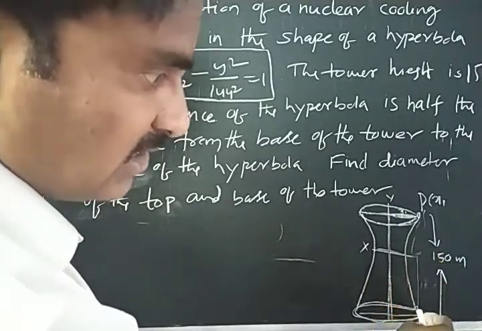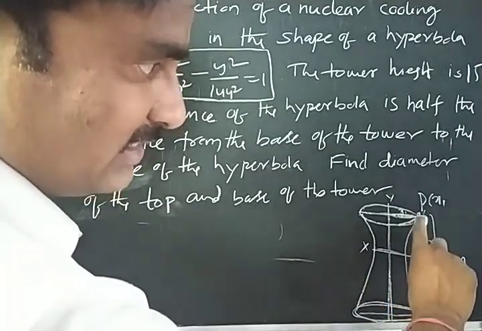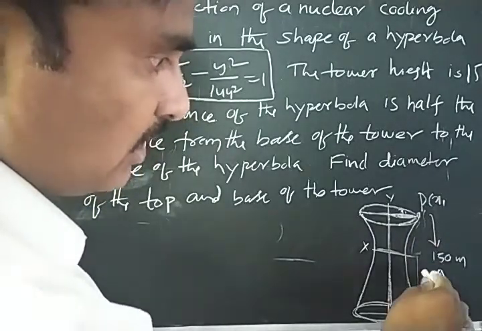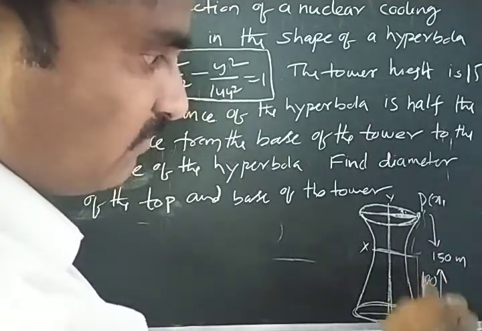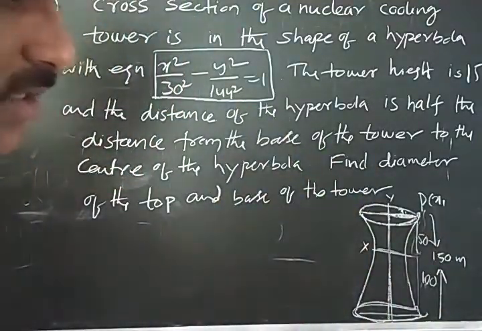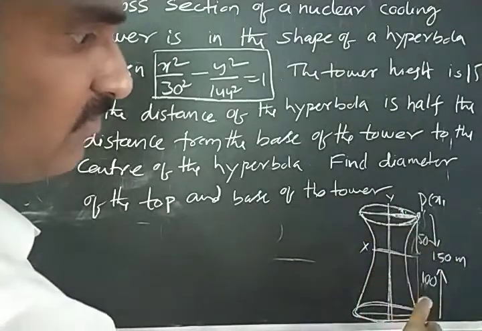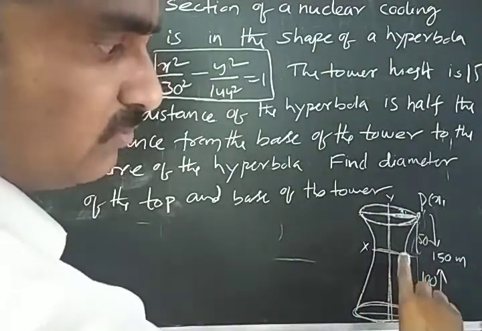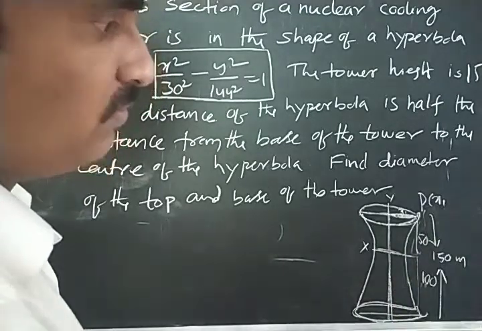So how am I dividing this 150? I am dividing here 100. So if center to bottom is 100, then this will be 50.